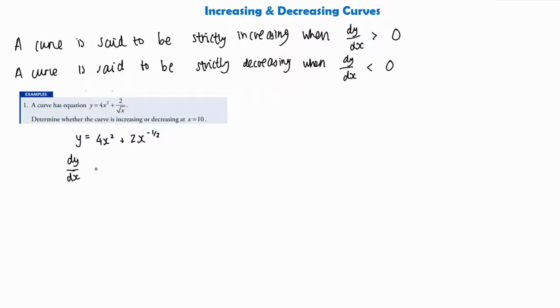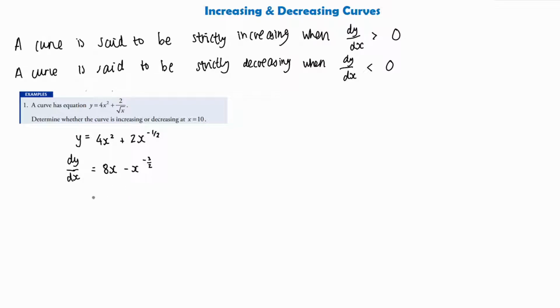dy by dx, which is going to give us 8x, and then plus 2 times minus a half, it's going to be minus 2 over 2, which is just 1, so we'll just put minus x, and then minus a half minus 1 is going to be minus 3 over 2.